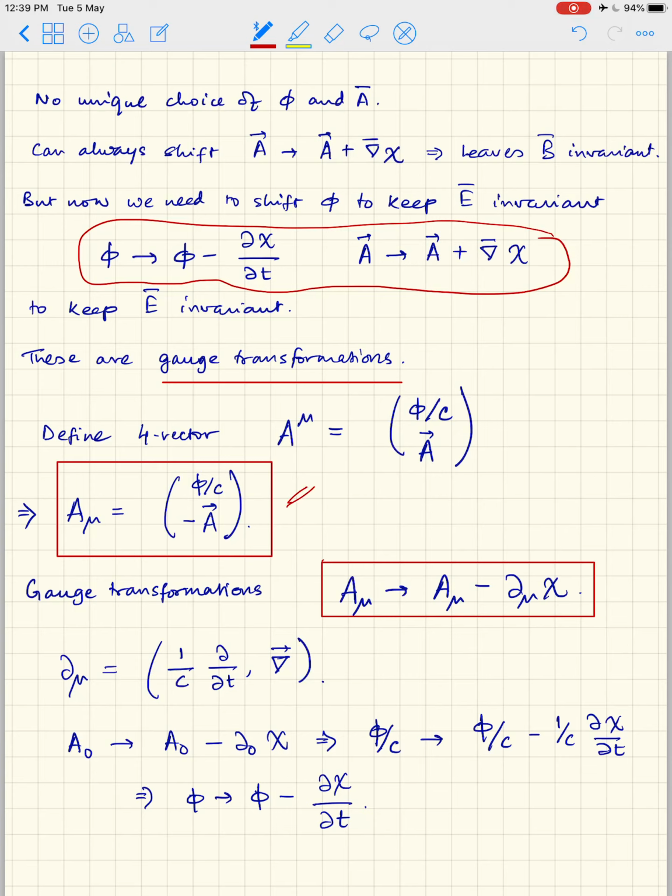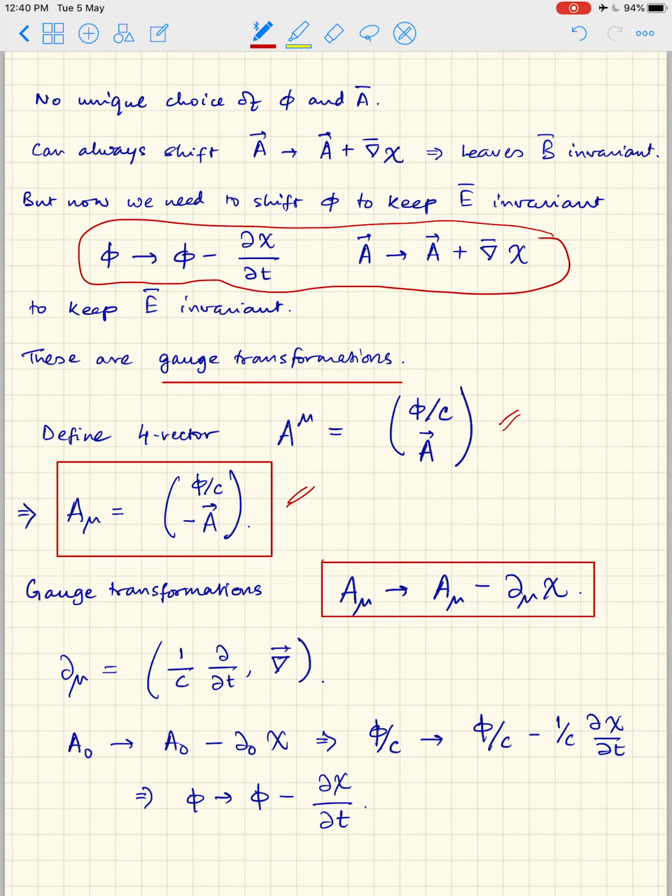A mu upstairs was defined as phi over c and the vector A, and A mu downstairs was phi over c and minus the vector A. Gauge transformations took a very nice form, which just meant that A mu went to A mu minus del mu of chi. And I showed you how this fit into this earlier equation.